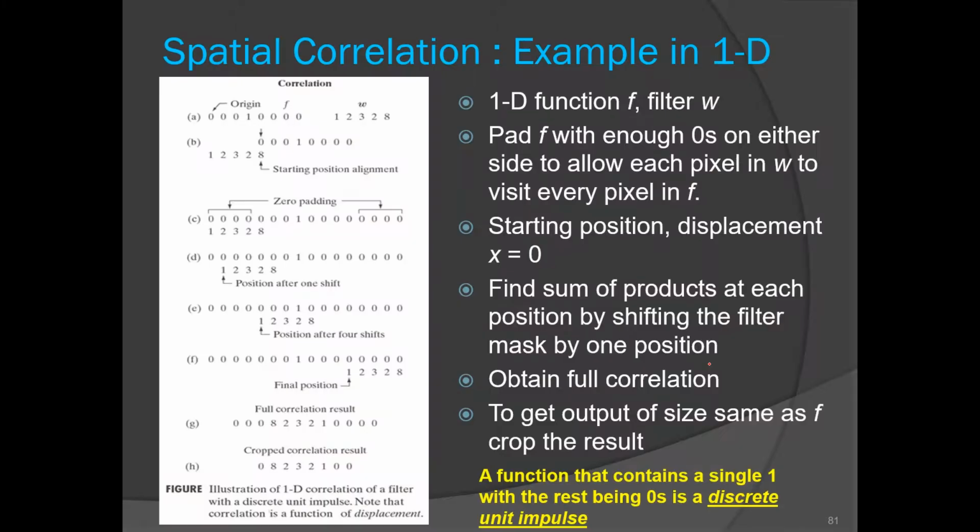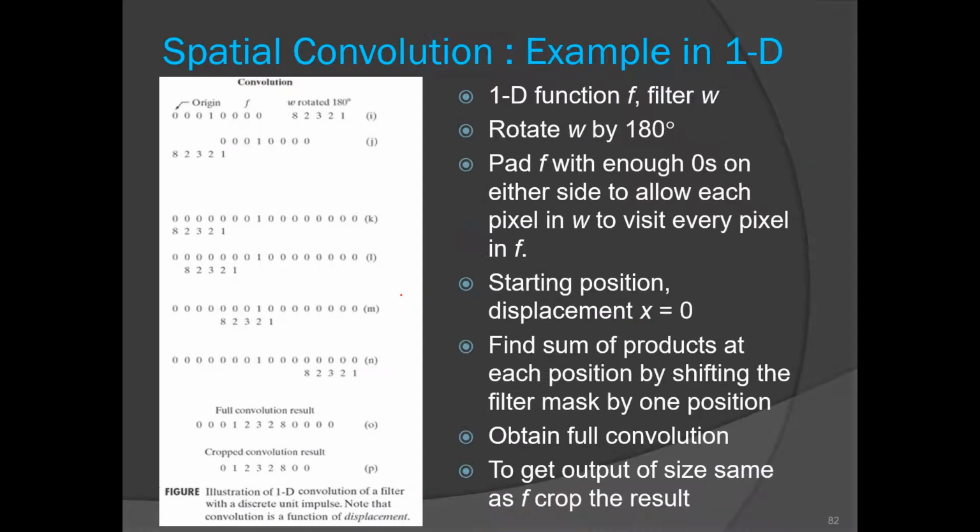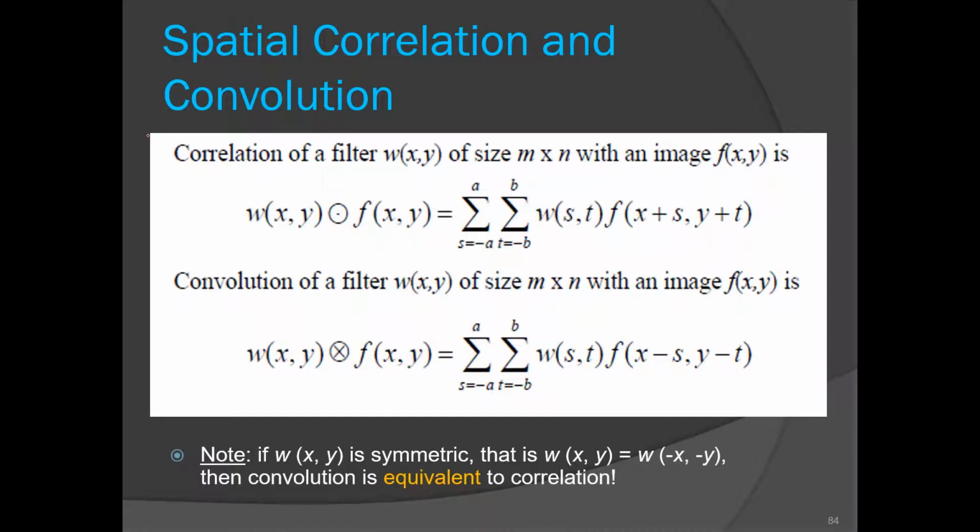The same example is given in the textbook also. Correlation is represented by this symbol, and convolution is represented by this symbol, just like an XOR operation. The only difference in the equations is that here we have a plus, and in the case of convolution we have a minus.